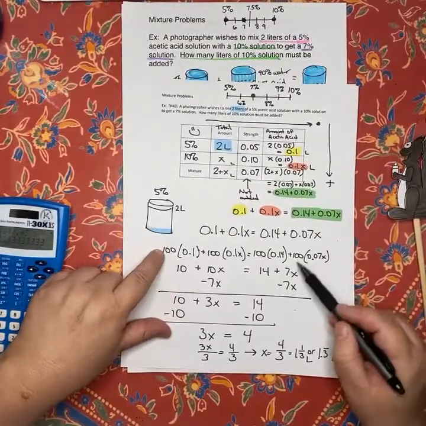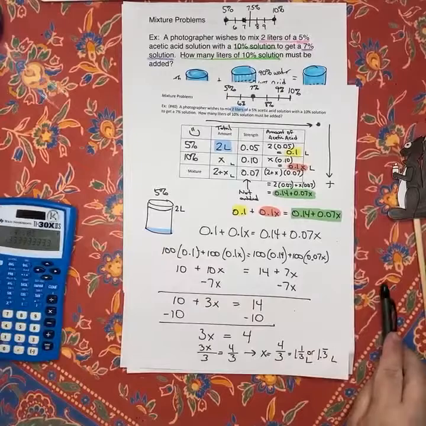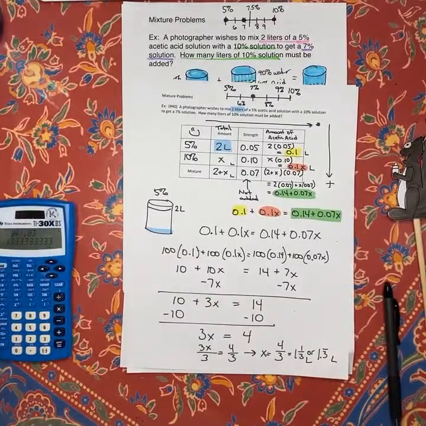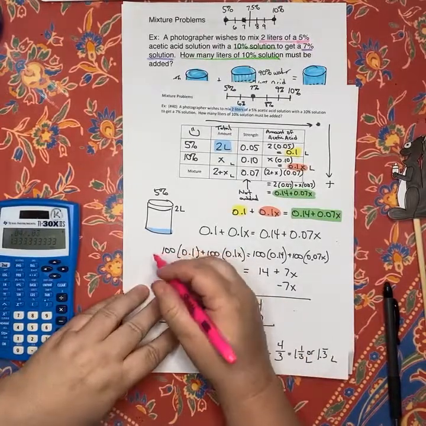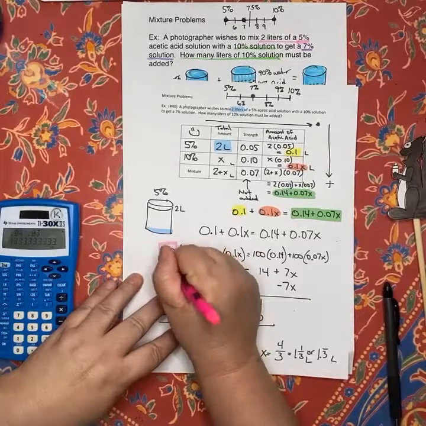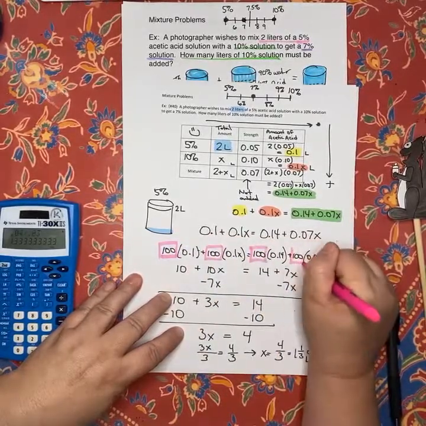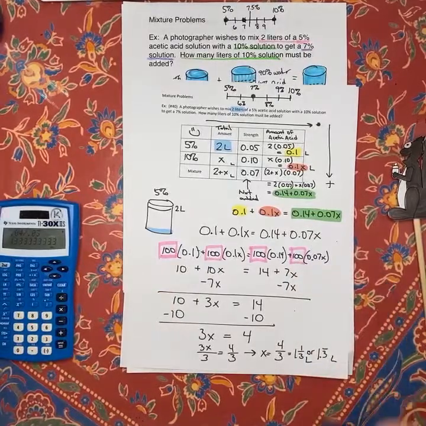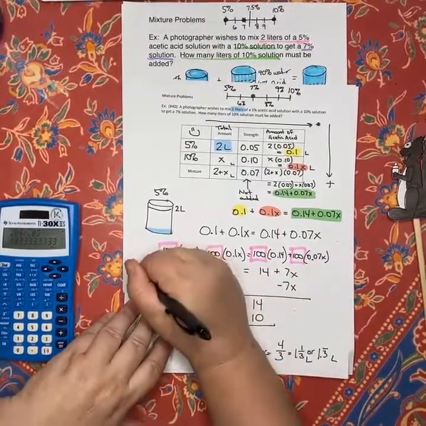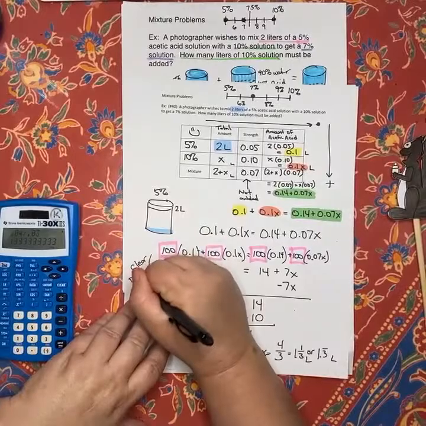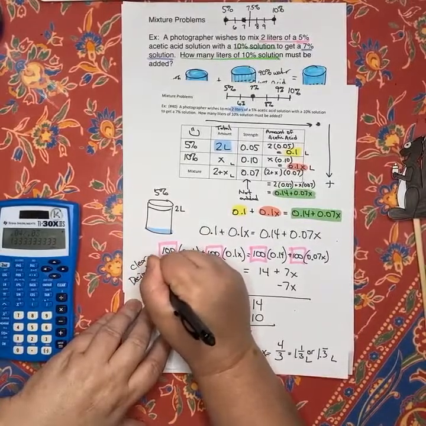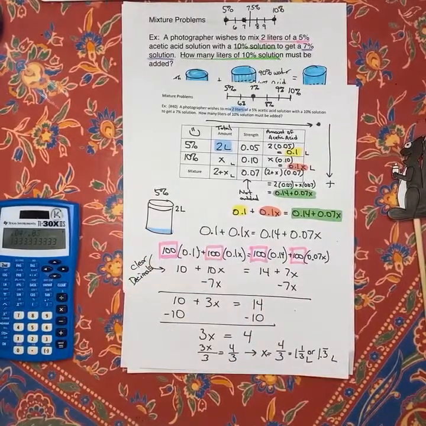I went ahead and multiplied by 100 in each case. I did 100 times each term, and I cleared the decimals. We're clearing the decimals there.